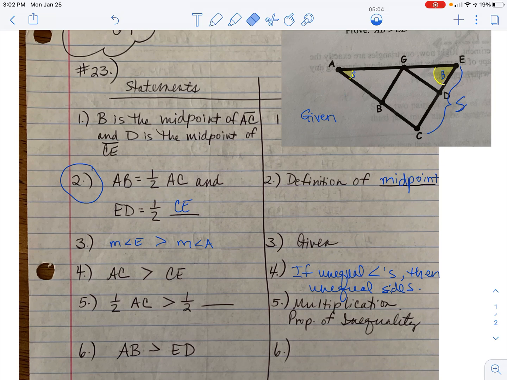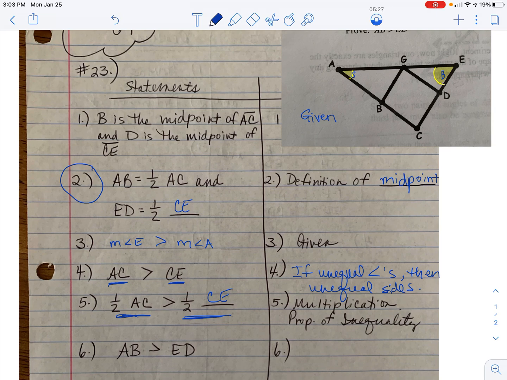Okay, now let me erase some things out of here just to get them out of the way. All right, now let's look at step number 5, half AC. So if we know AC is larger than CE, well, then it would stand to reason that half of AC would be larger than half of CE, right?